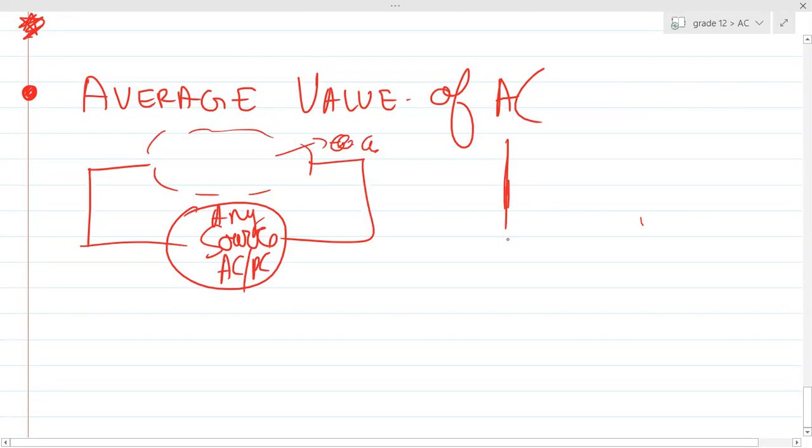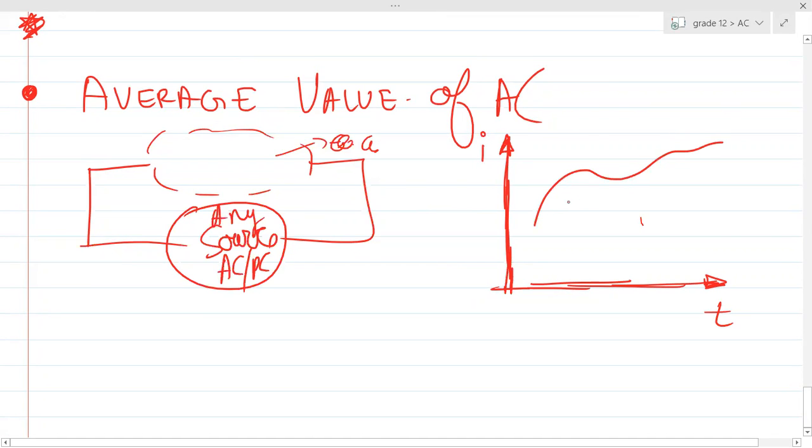If I try to draw the graph, please remember, graphical analysis will play a very big role in this chapter. Suppose this is the graph of current as a function of time. This function can be constant or dependent on time, whatever it is, doesn't matter.